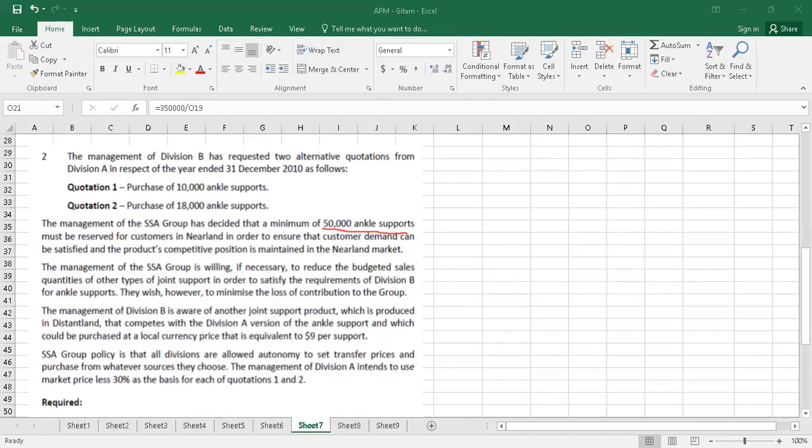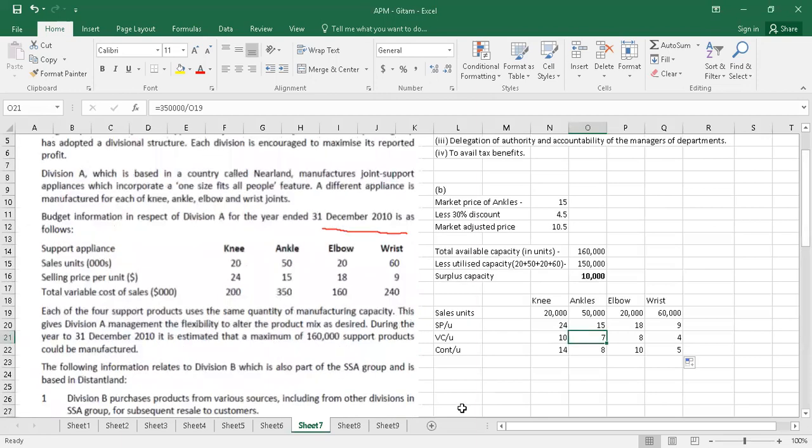Now, looking at the quantitative data for the question, first let's finish with quotation 1.